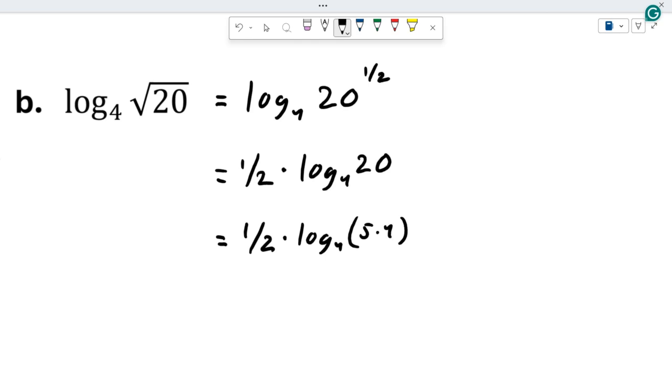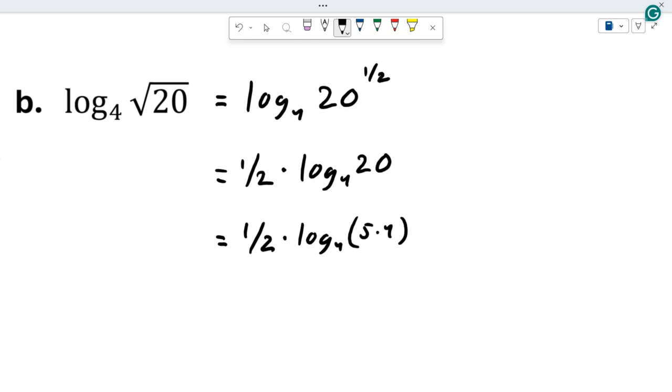Now, obviously, there are other ways of writing 20. There's 20 times 1, but that doesn't help us because then we still have log of 20, and that's what we're trying to break apart. You can also write 20 as 10 times 2, and we could figure out the log of 2 base 4. We just did that in part A. But then we've got log of 10, and we'd have to break that up, so I don't see that as the best way to go.